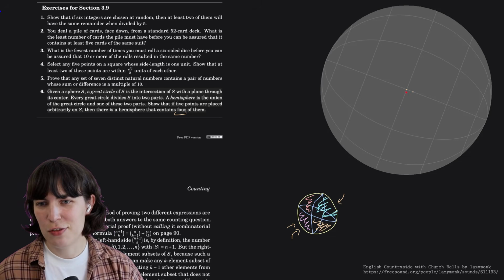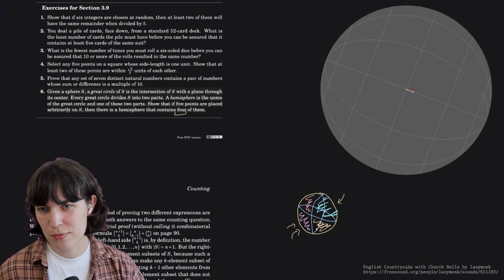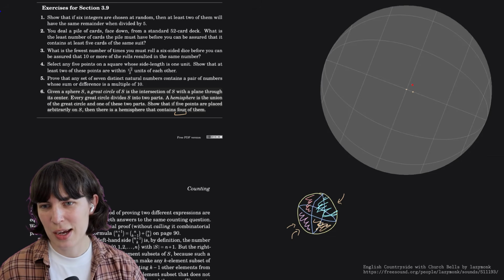I had a feeling also that something about maybe joining these points together, like maybe when we have all these points we end up with some sort of division of the circle.